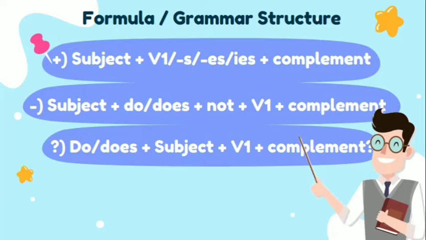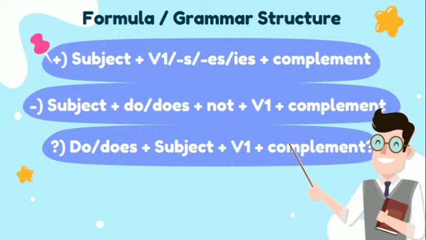Okay, the next explanation is about the formula or grammar structure that is used in simple present tense. For the first, the positive form. The formula is subject plus verb 1. If the subject is she, he, or it, we add s, es, or ies at the end of the verb, plus complement.